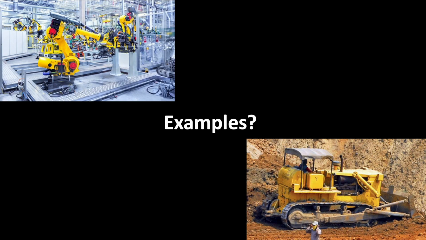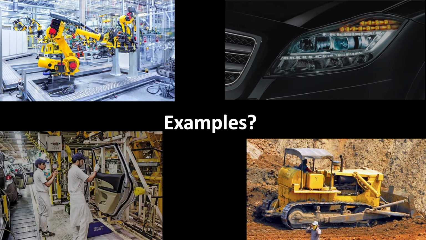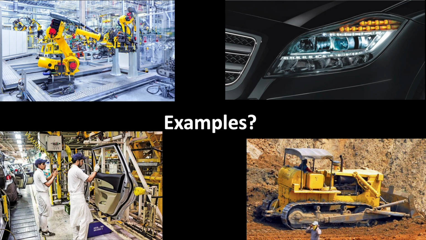Any examples of capital goods? Well, here are some examples. Look at these big machines, for example, in the automotive industry and in any big construction industry. Some company creates these tools. Even here, on the left bottom, you can see parts of a car.